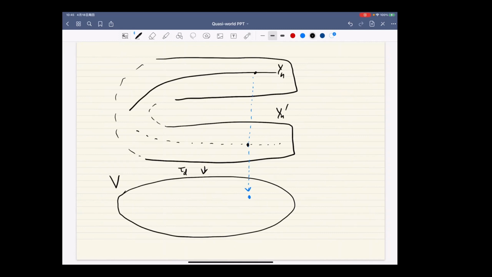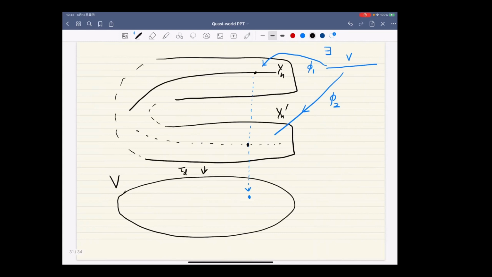Here, because S is at least 2, and this Yn is one curve we constructed before, we can show that there is some shadow of this curve Yn, this Yn prime, such that for every point in Yn, because the cover is not 1-to-1, it's S-to-1, you can find another point in this Yn prime such that their image under tau D is the same point.